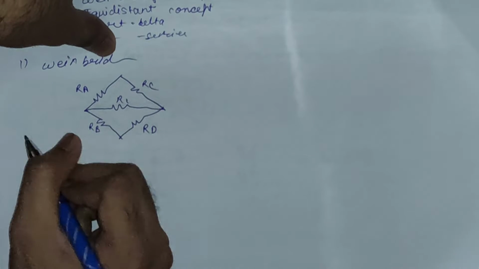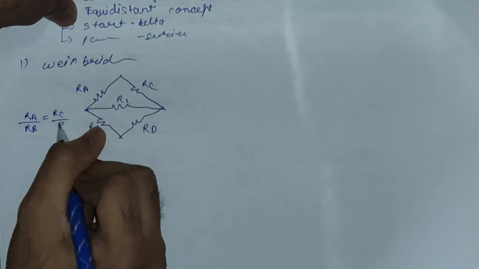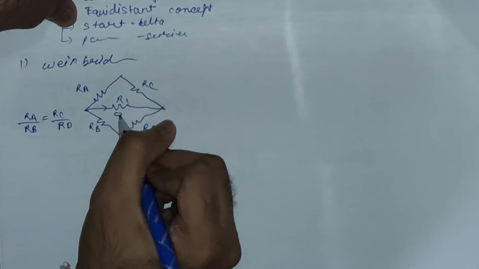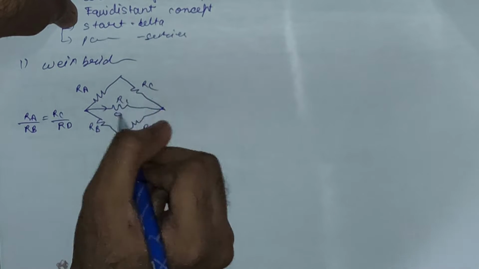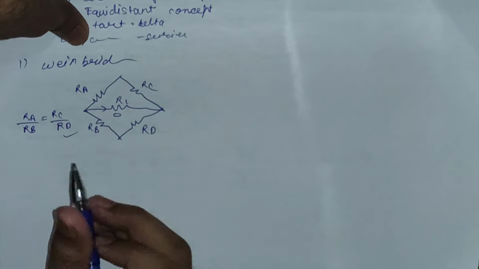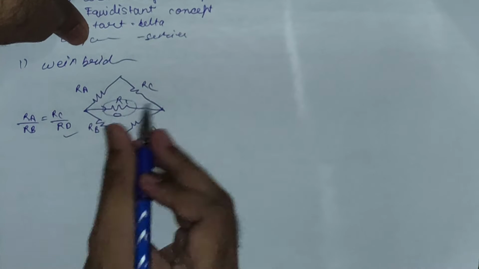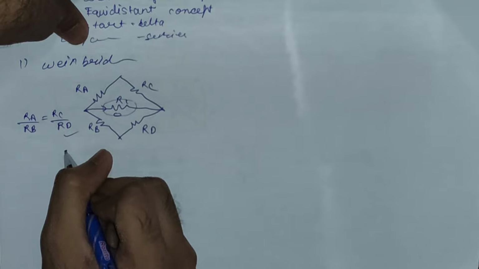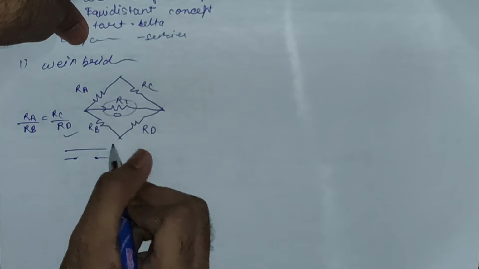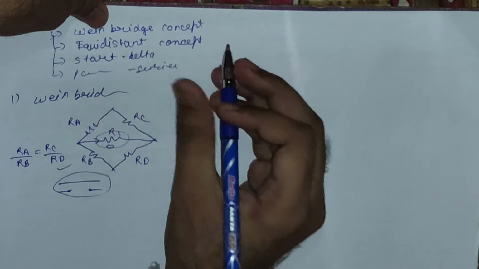If RA by RB is equal to RC by RD, then the current flowing through this resistor will be 0, or you can also say the voltage drop across this resistance will be 0. So if this condition holds, you can remove this resistor or short this resistor. What I'm saying is you can short circuit this path or open circuit this path, both will be applicable. We will see this in the sum. Now let's move on to the next concept.